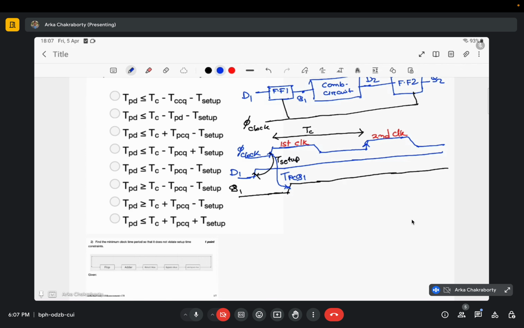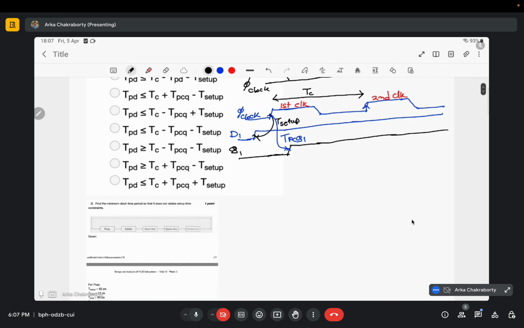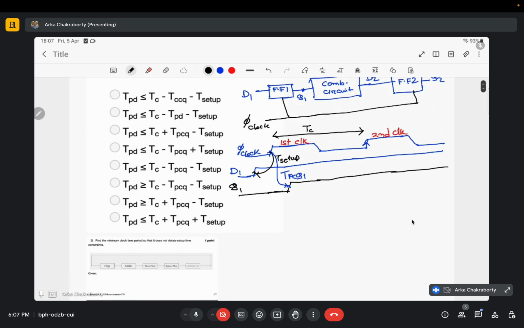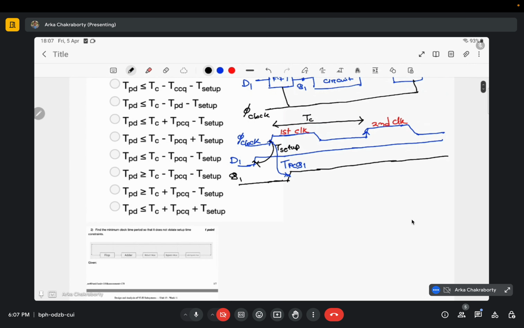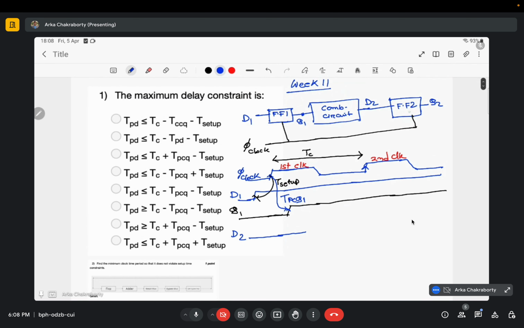Now after Q1, from Q1 to Q2 there is a combinational circuit. So if I draw my D2 here, using a different color, D2 would be a delayed version of this Q1, right? And this D2 should be captured in flip-flop 2.